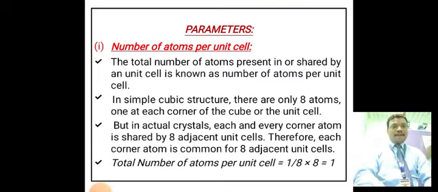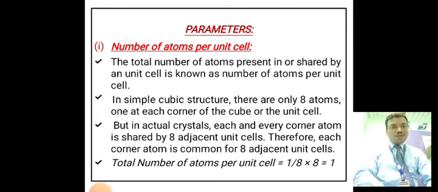So what are the parameters related to the simple cubic structure? The first one is the number of atoms per unit cell.